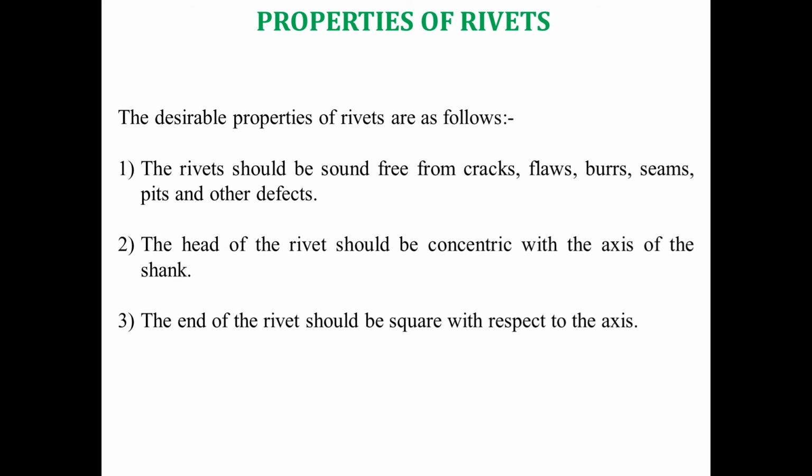Now, if you are using a rivet joint in any mechanical assembly, as a designer you should know the properties of rivet, because these properties will tell you when your rivet can fail, or will help you to design your rivet joint.